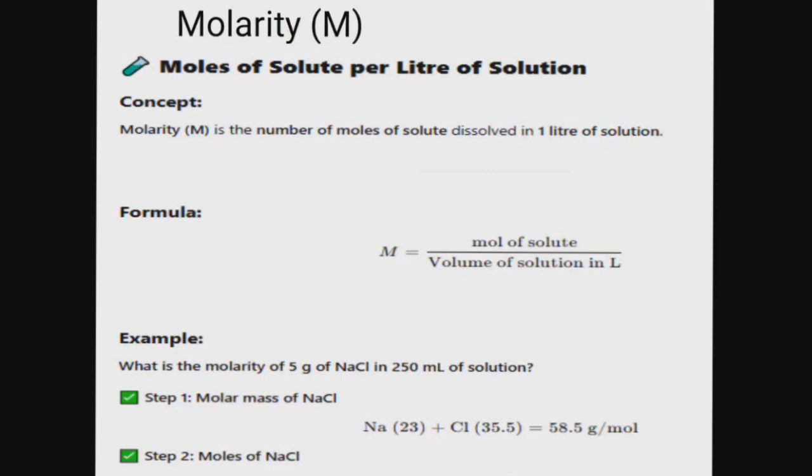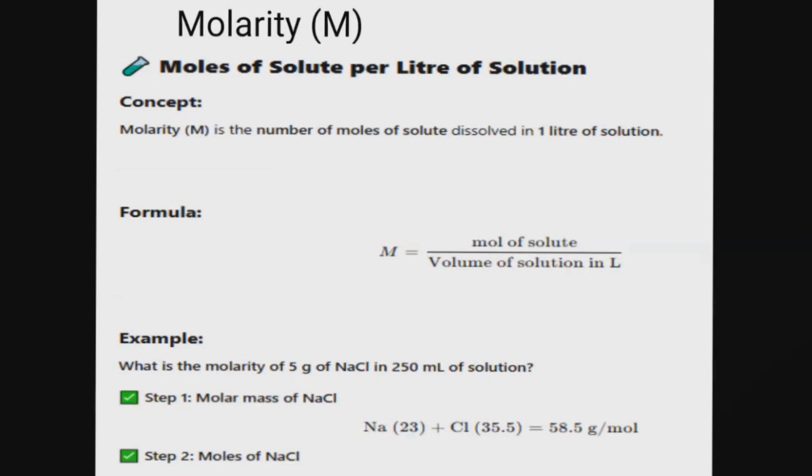So, for example, if you have to find the molarity of 5 grams of sodium chloride in 250 milliliter of solution. Now, first step is to know the molar mass of the compound given to you, which is sodium chloride. Molar mass of sodium is 23.